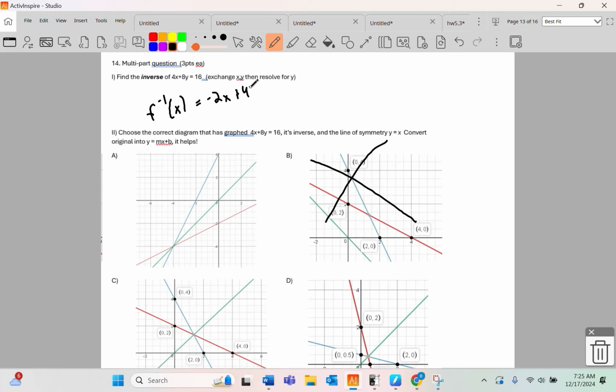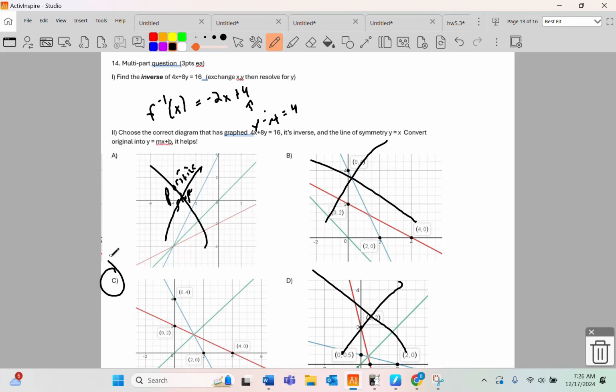So the only thing that has a y-intercept, I have to have y-intercepts of 4, which means this guy is not on the menu. So I'm either A or I'm C. This guy right here, this is positive slope. And that rise 2, run 1, I have negative slope. Choice C.